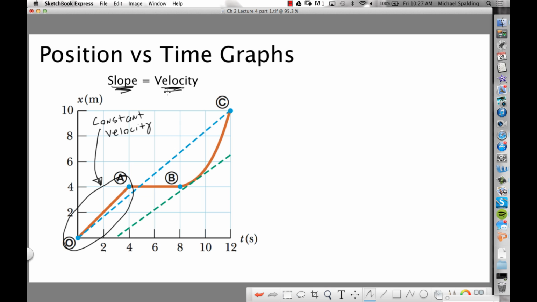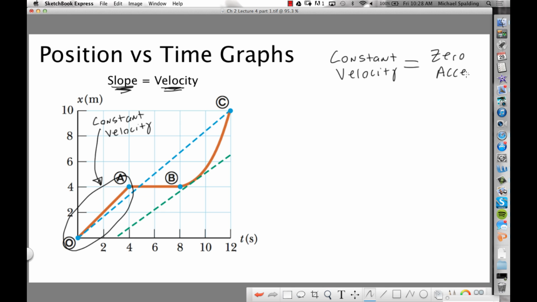Now, guys, I want you to triple box and highlight what I'm about to say, because this is huge. Whenever you come across the words constant velocity, that is synonymous with something else. What is constant velocity? Zero acceleration.